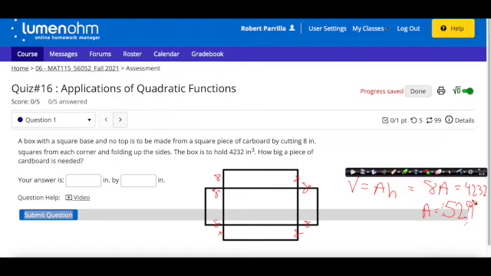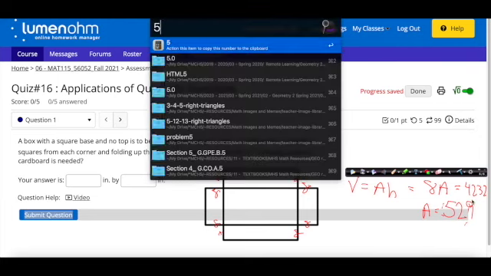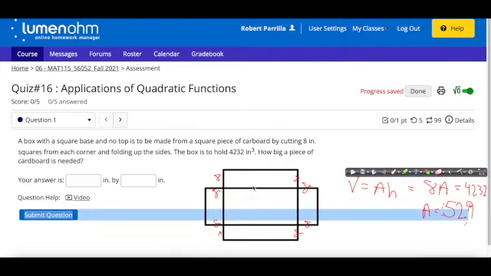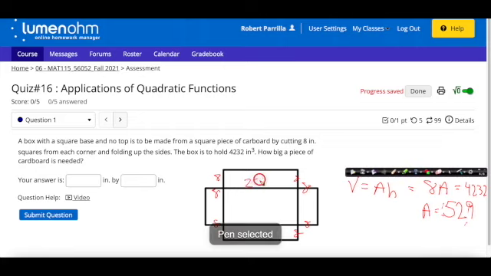And I know that's going to be the side times the side. It's a square. So 2 lengths will give me 529. It's the same thing. Square root it. So 529, raise it to the power of 0.5. You can see that's a perfect 23, according to the calculator. So that means that this length here is 23. But remember that I also have to add the 8 on each side to get the cardboard that this originally came from.